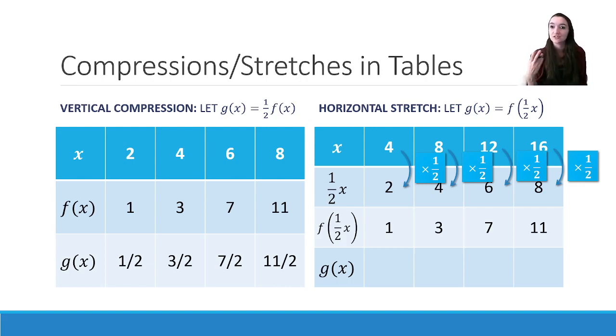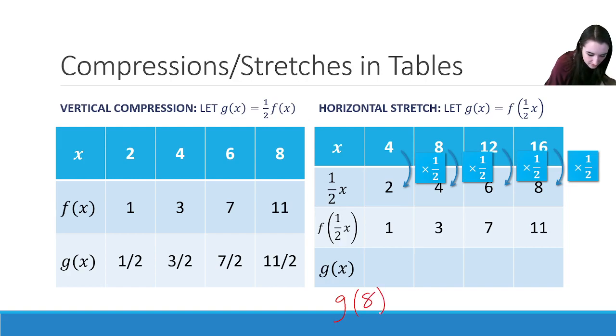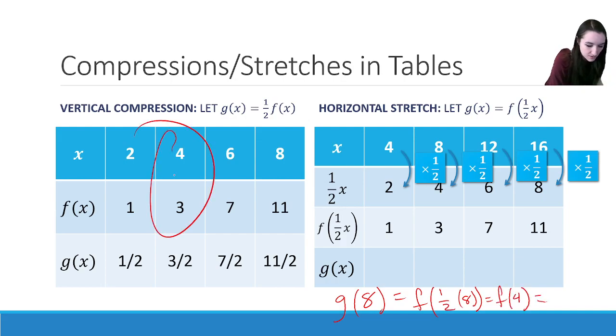And again, just as you've probably come to expect, that means that our g of x's are just going to be a repeat of f of 1/2 x as they're supposed to be. So g of, let's say, 8 equals f of 1/2 times 8, or in other words, f of 4, which we know to be 3, and so on.